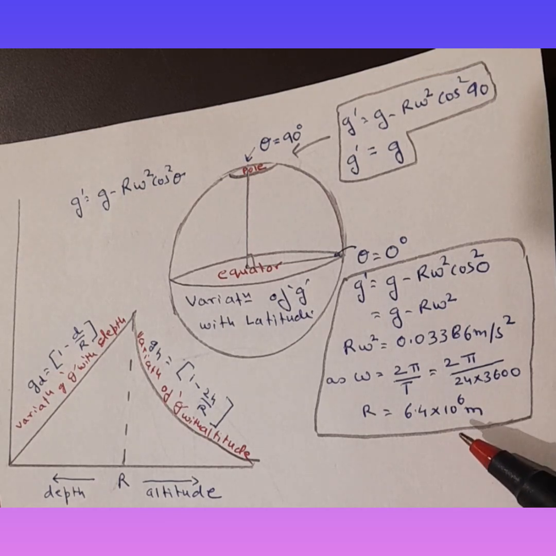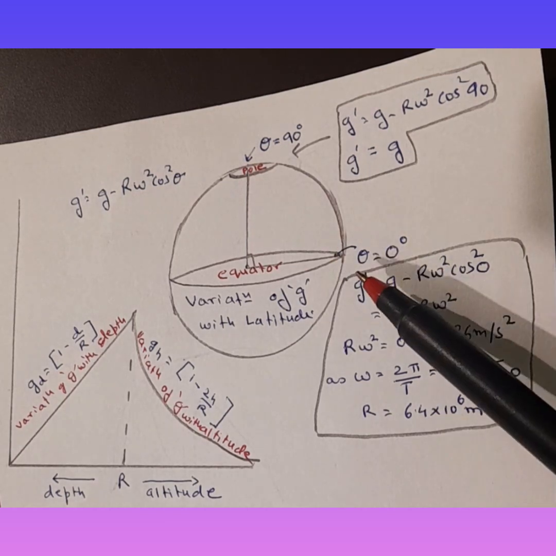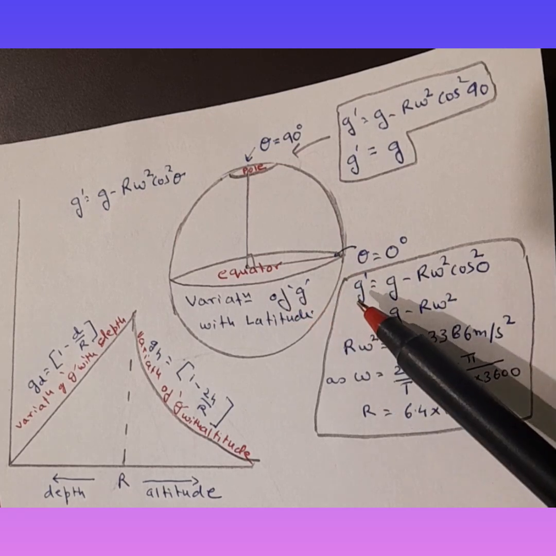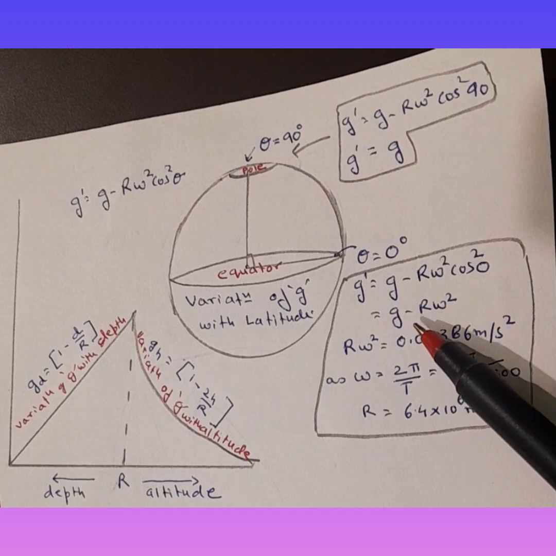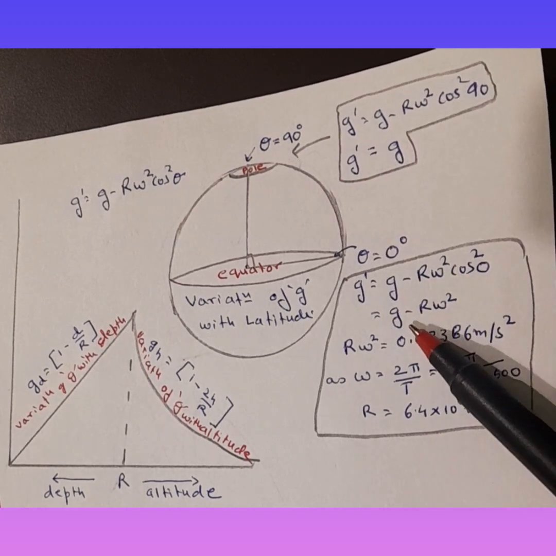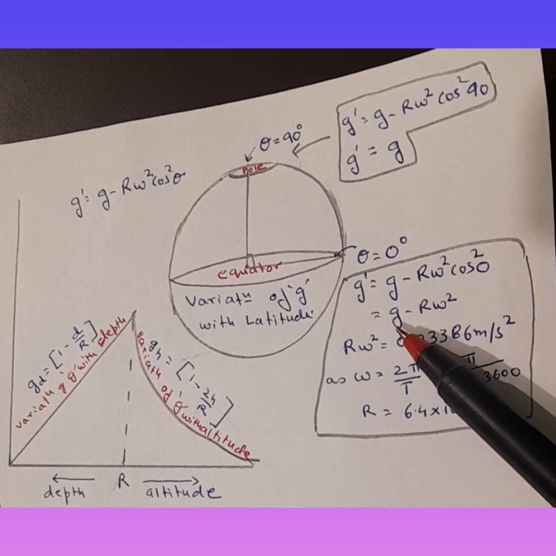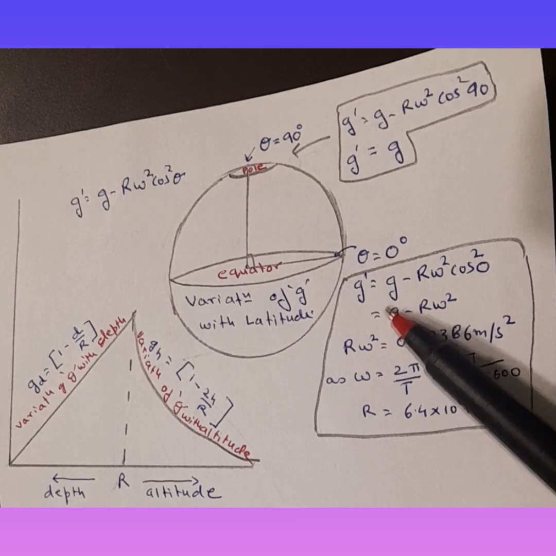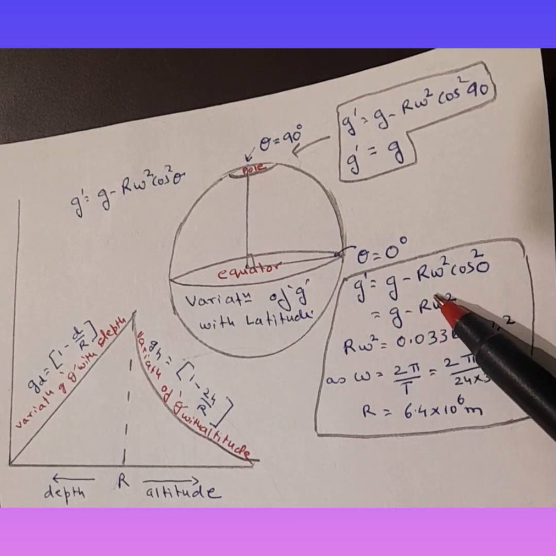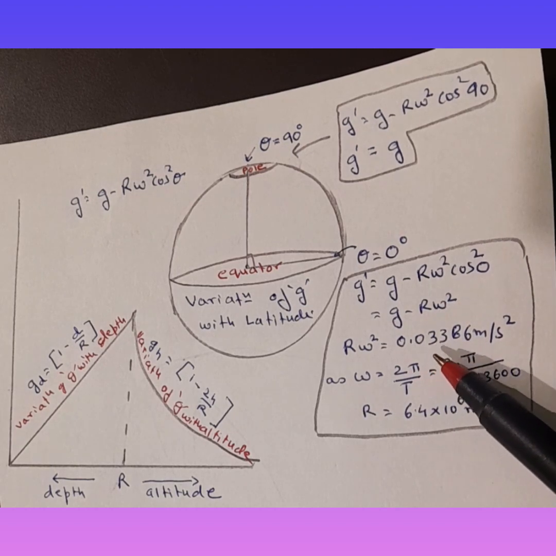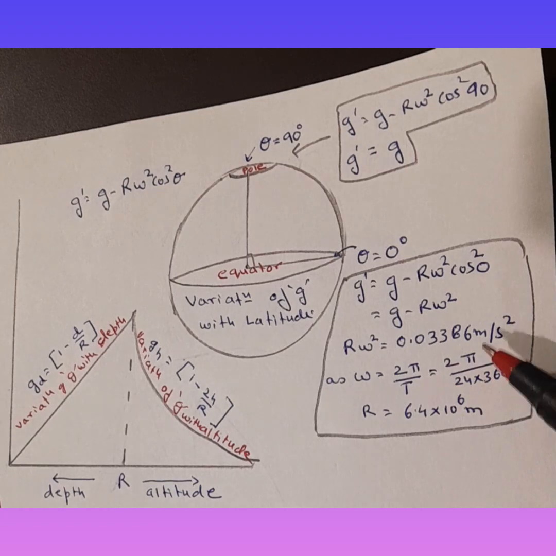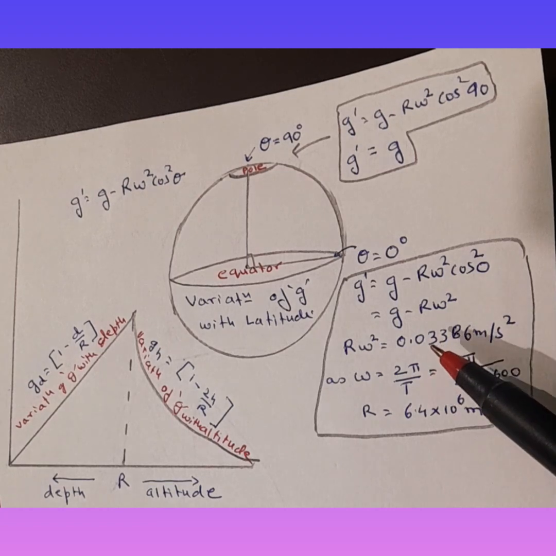So that's what g prime, the actual gravity at the equator, is. At the equator, the gravity that we experience is lesser than g by R omega square, or by 0.034 meter per second square if we round it off.